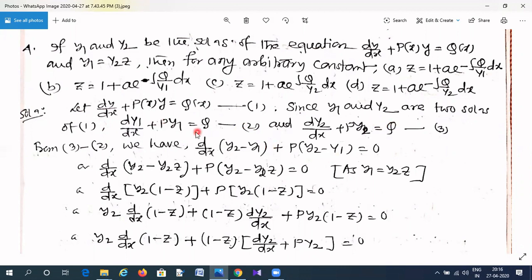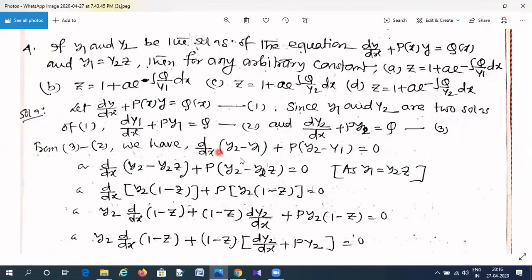Now if we subtract 3 from 2, we get d/dx of (y2 - y1) plus P into (y2 - y1), and Q will cancel, so it will become 0 on the right hand side.